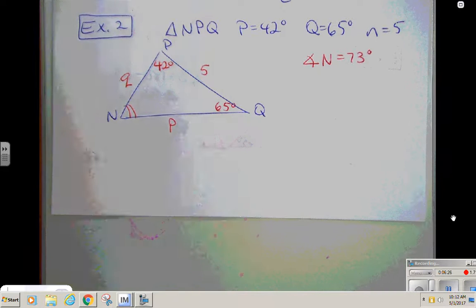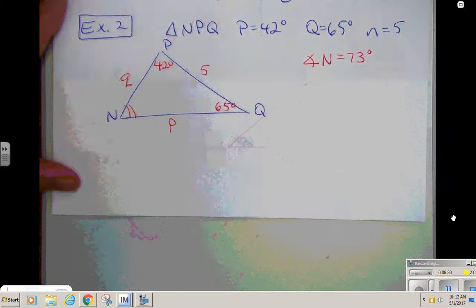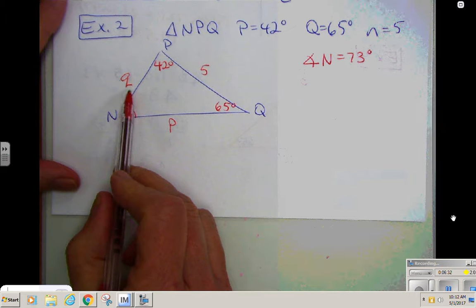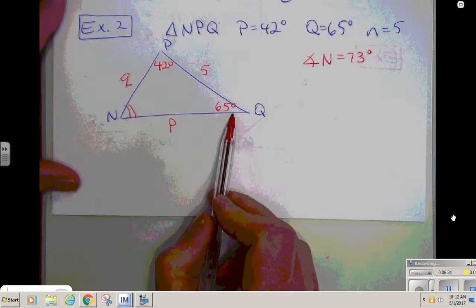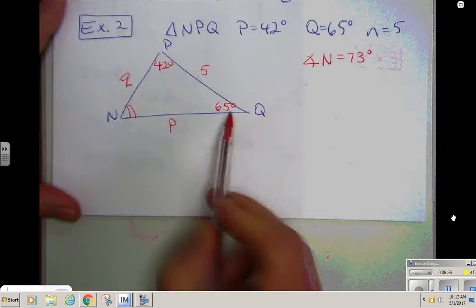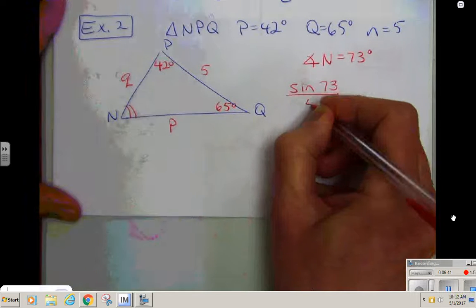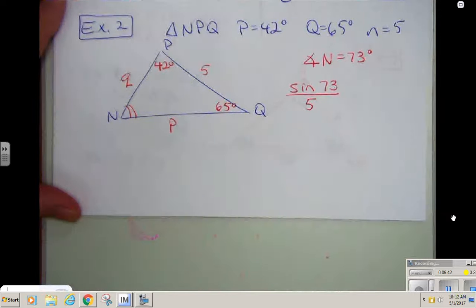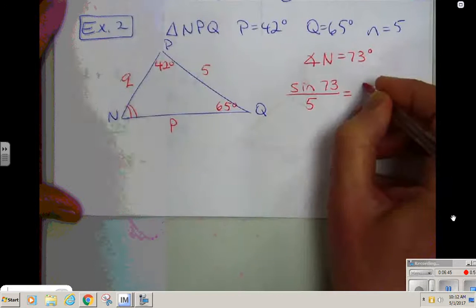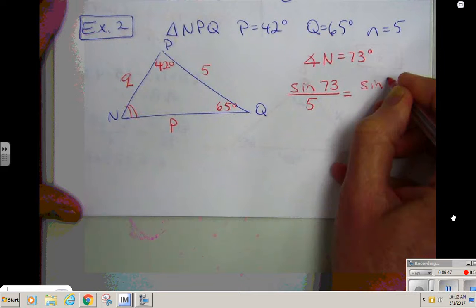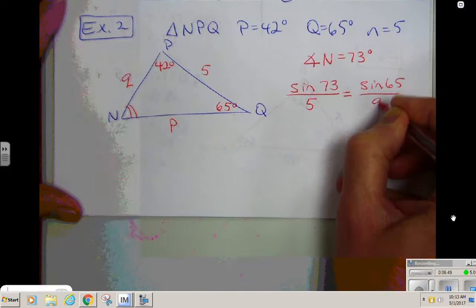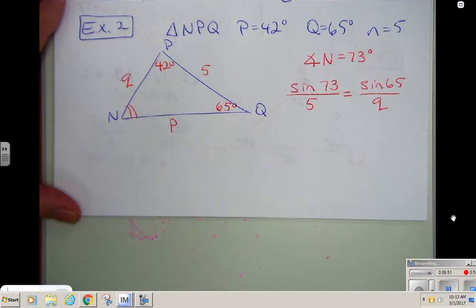So now I can solve for one of the sides. It doesn't really matter which one. So I'm going to solve for Q. That means I'm going to use angle Q in my law of sines. Okay, so sine of 73 over 5 is the same as sine of 65 over side Q. And we're just going to do our cross products.